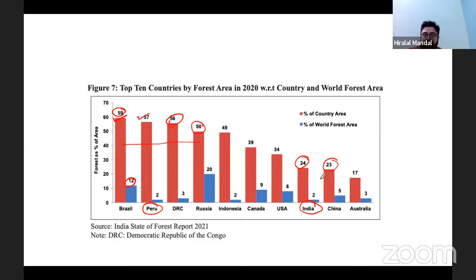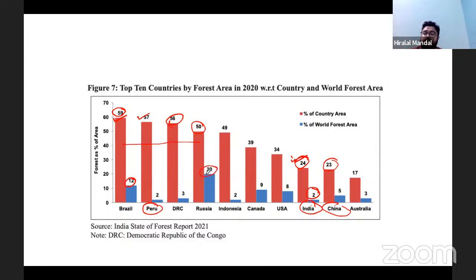One thing you need to remember is that India has 24% under the forest cover or forest area, whereas China stands at 23%. Among the world, India accounts for 2% of the world's forest area, whereas the highest is of course Russia.